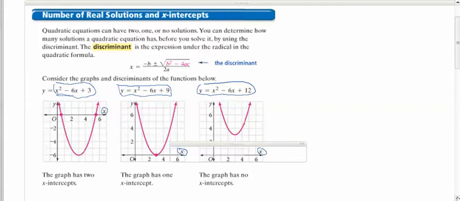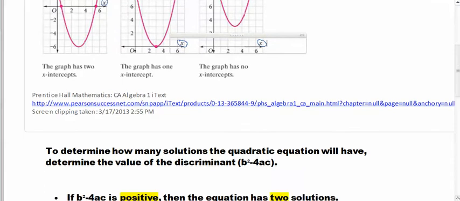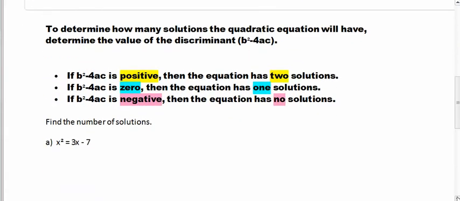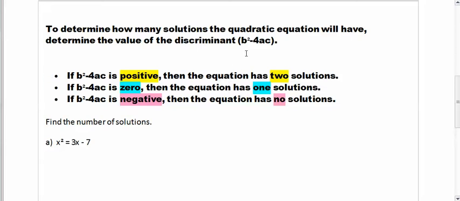When you don't have any graphs, this is what we need to do. It says to determine how many solutions the quadratic equation will have, determine the value of the discriminant. And again, the discriminant is b squared minus 4ac. So whatever your b squared minus 4ac is, you do the math.